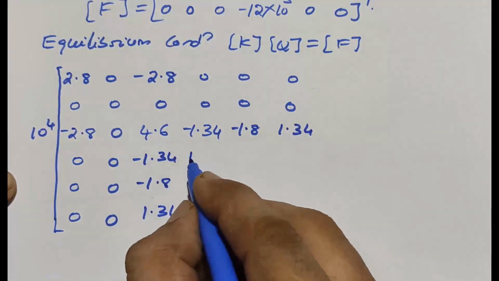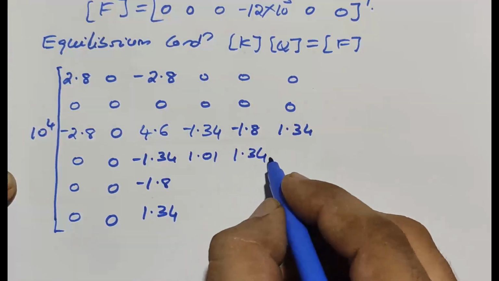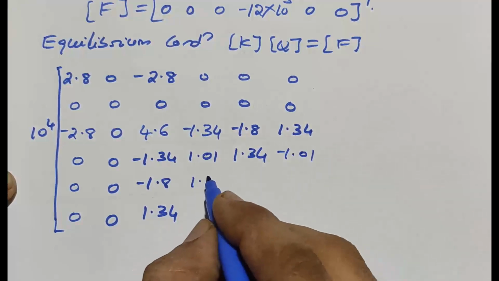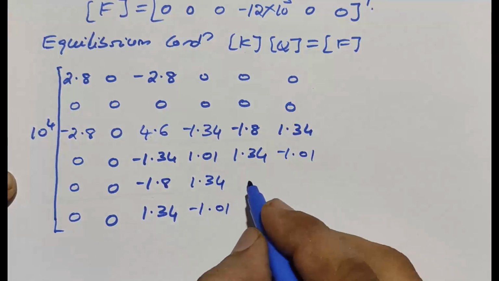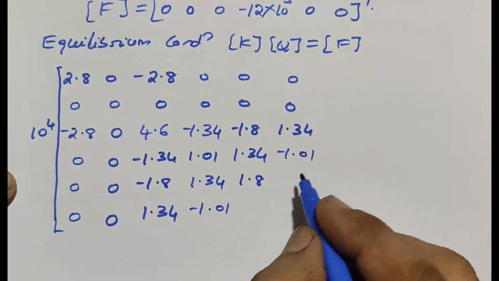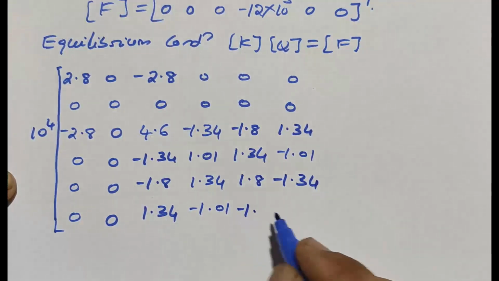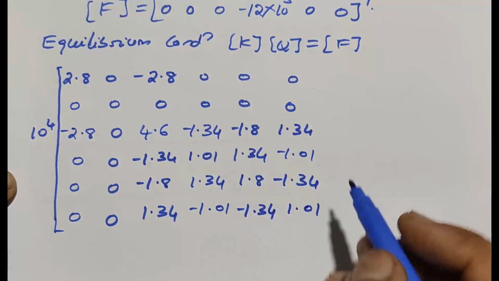It is 1.01, 1.34, minus 1.01. It is 1.34, minus 1.01. It is 1.8, minus 1.34, minus 1.34, 1.01.